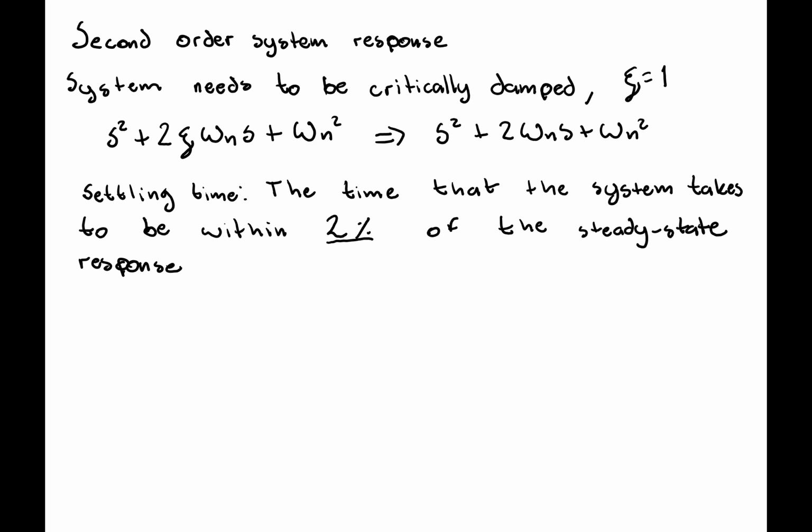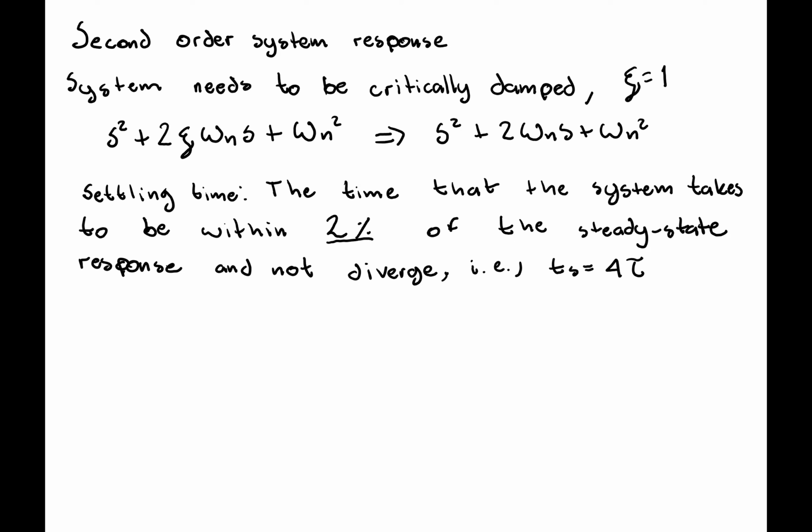So that the response does not diverge. Okay, so in essence, what we're trying to say here is that the settling time is equal to 4 times the time constant of the system.